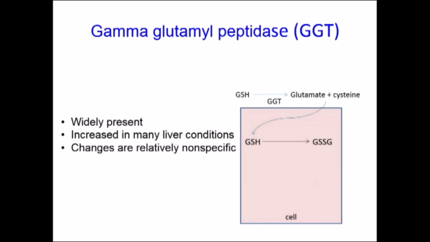So one of the main antioxidants in our body is glutathione, that's shown on the left. And when you use up your glutathione to respond to oxidative stress, you have to regenerate glutathione. And that involves breaking down extracellular glutathione into glutamate and cysteine, which is then individually taken up by cells and then reconverted into glutathione.